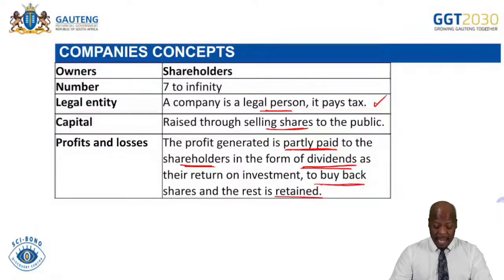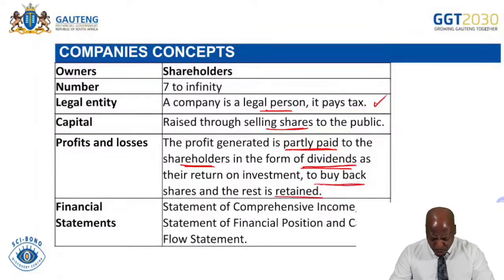Okay, let's move on to the next aspect, financial statements. So the financial statements that we're going to find this year in our grade 12 year, we're going to find the statement of comprehensive income. You know this statement. You used to call it the income statement. All right. So this is going to be there in this year. We're going to be doing several of these ones.